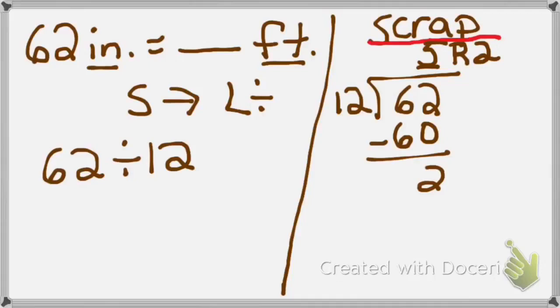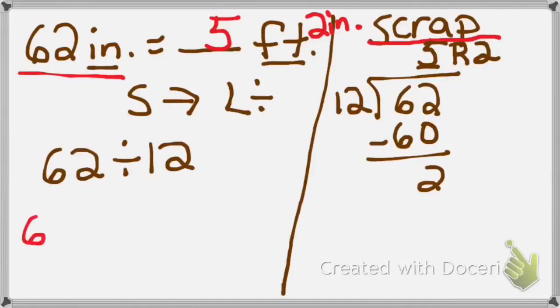What does that mean? Well, what that means is there are 5 feet in 62 inches, but there are 2 inches still left over. So the remainder is how many of the smaller unit is still left over. You just write it in as that unit.